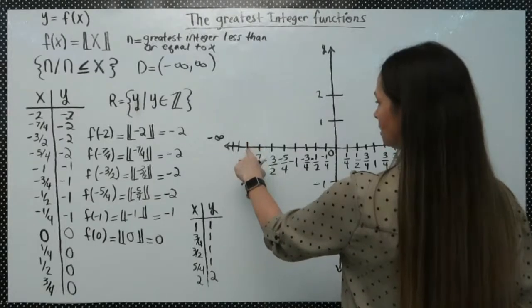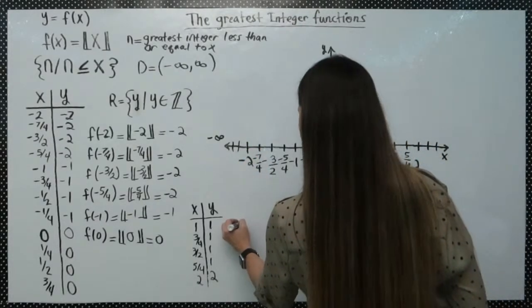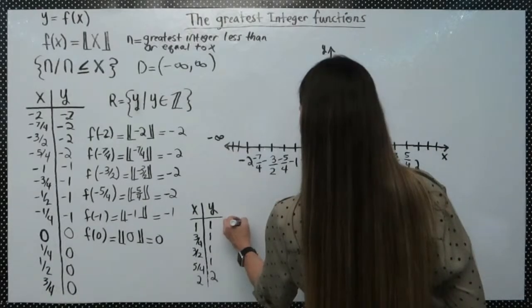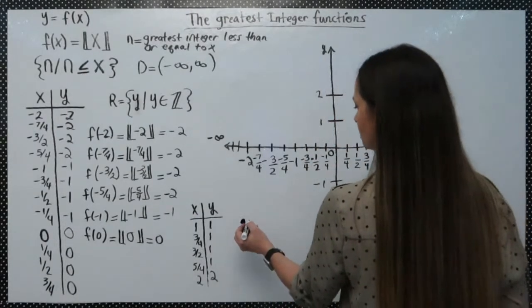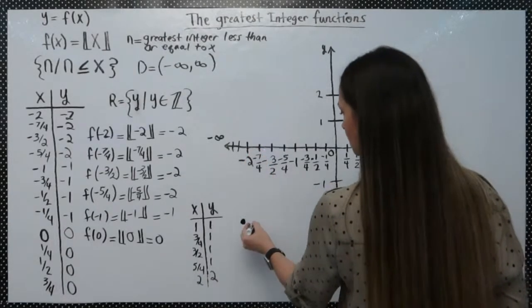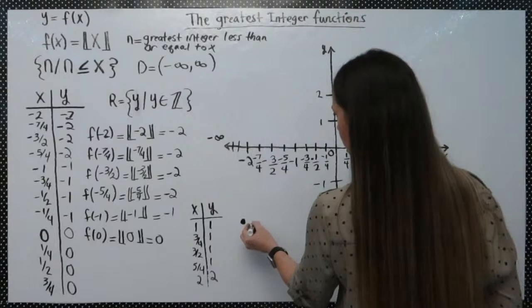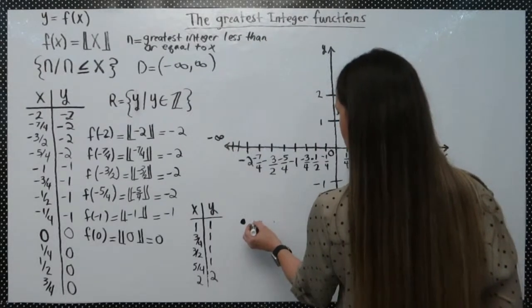So we've got -2 way down here. And then we're going, let's see, 7/4 is -2, 3/2, 5/4.